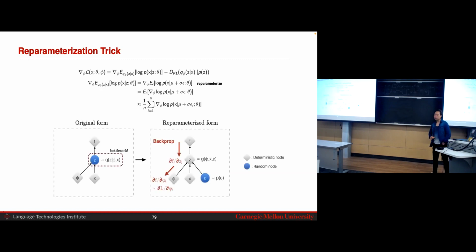And one very last figure before we go. What we've essentially done is taking an x and a phi that goes to your z. But now you have a bottleneck layer, right? You can't really backpropagate your gradients from my output f through this sampling layer to phi. What we've done instead is broken this up into my parameters phi, that's my mean and variance, my data x, and an epsilon noise vector.